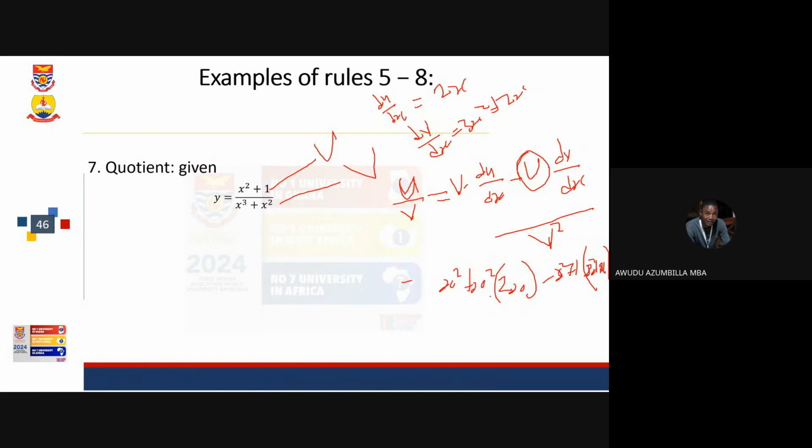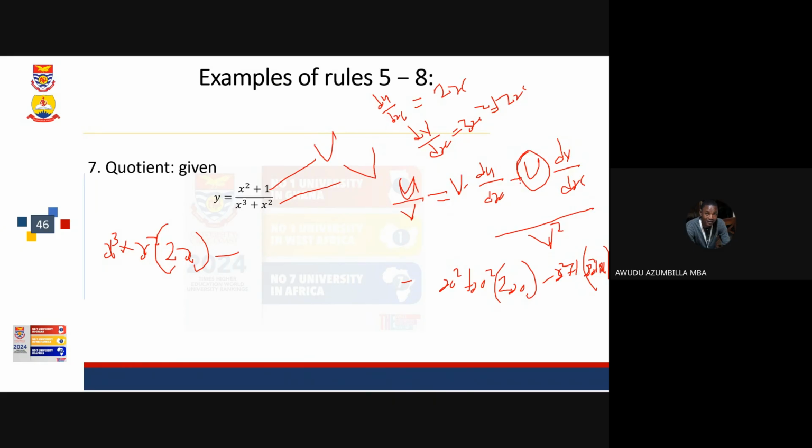Okay, so let me rewrite it here clearly. Let's write the v here. The v is x cubed plus x squared. You multiply this one by du/dx. du/dx is 2x, so 2x. You close the bracket, minus.